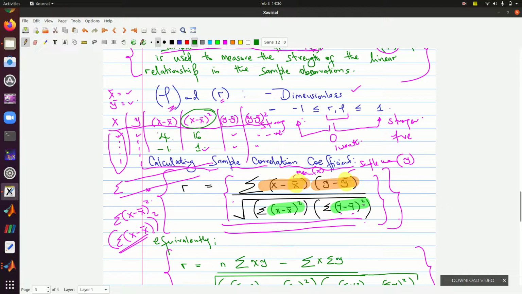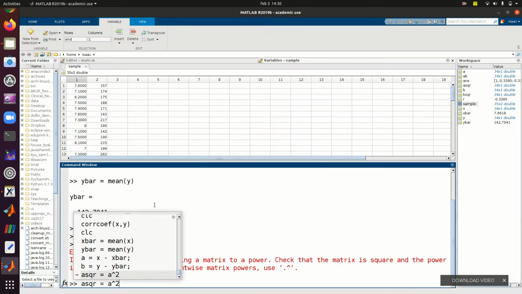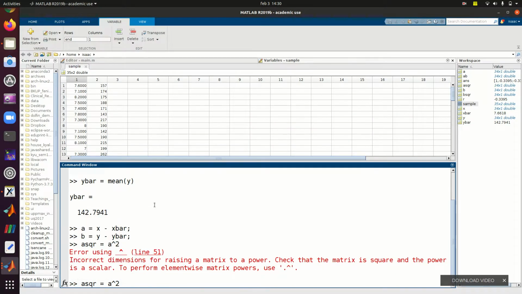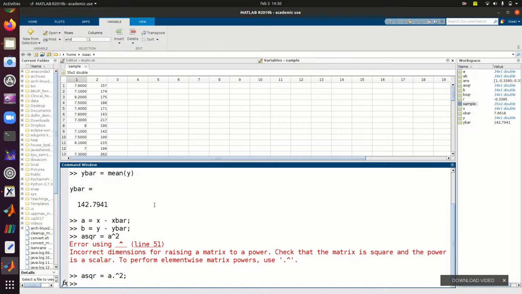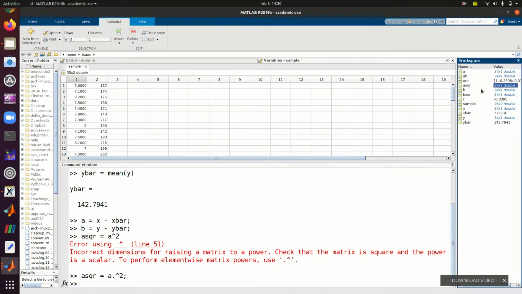In other words, it is element by element. The operation is done element-wise, and that in MATLAB is done by putting the dot here, which means element-wise. And then that should also give us a vector. You can come and check here, A squared is also a vector there.